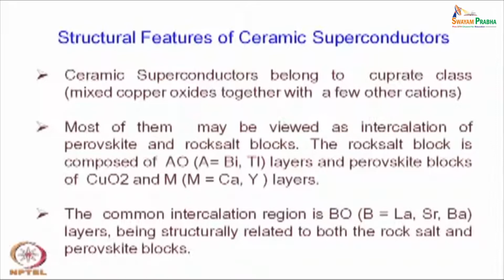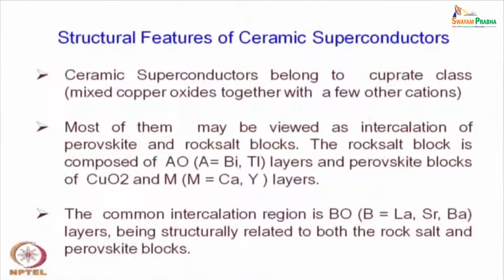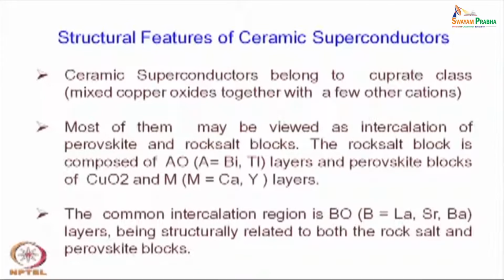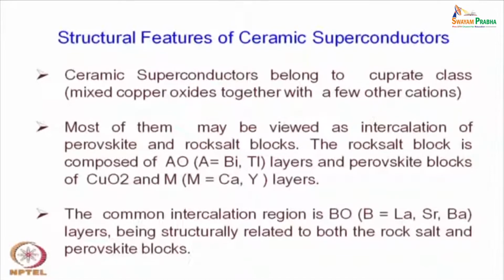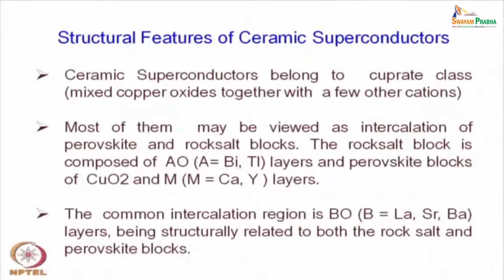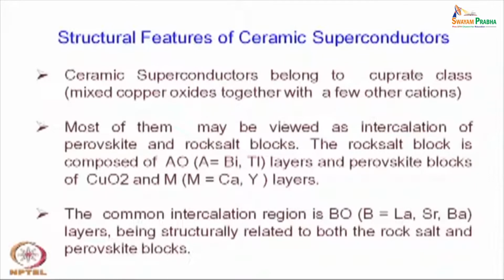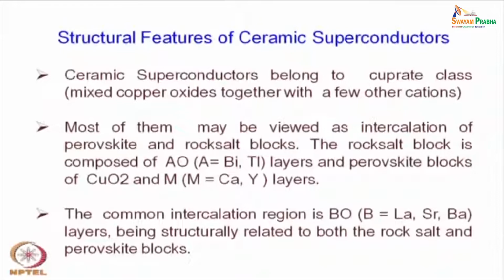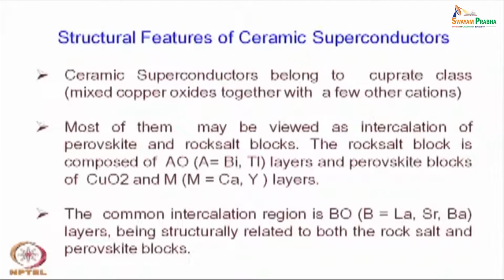M can be represented as M. Okay. So, in CuO2 you can replace or add other oxides like calcium and yttrium. So, that forms the perovskite block. The common intercalation region is BO, where B is lanthanum, strontium or barium layers, being structurally related to both the rock salt and the perovskite blocks.